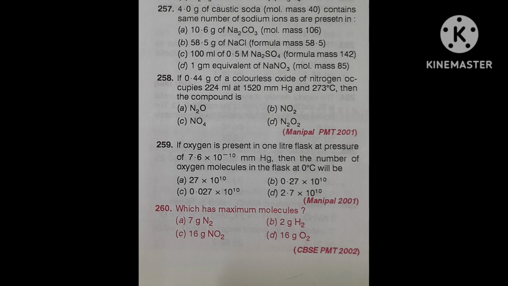After that, volume is 1 liter, the flask volume is 1 liter. P you converted into atm by dividing by 760, and now P and V are written, divided by RT.